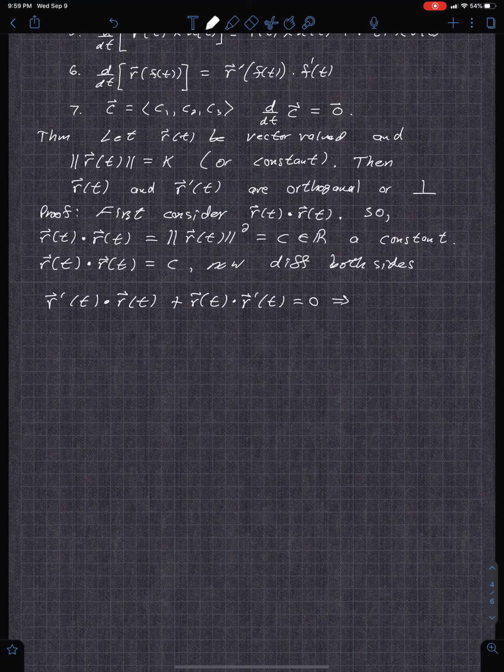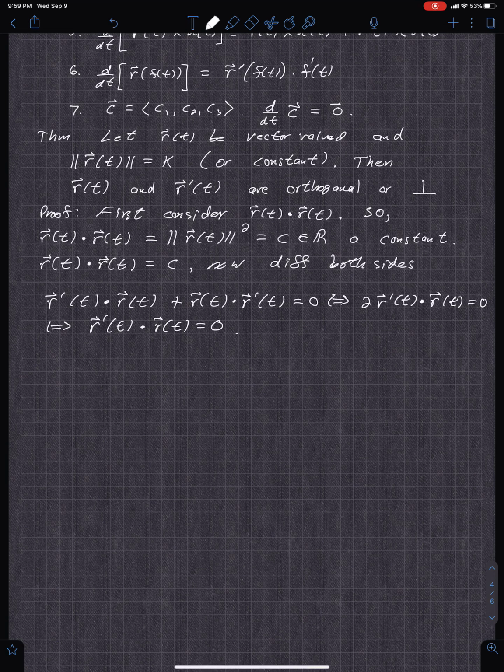And then you simplify that a bit, combine. It's the same term. You have the commutative property for the dot product, so therefore it's just 2 times r prime of t dot r of t equal to 0. Divide by 2 and you get r prime of t dot r of t equal to 0.